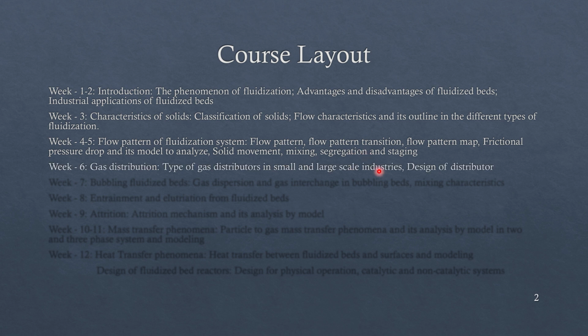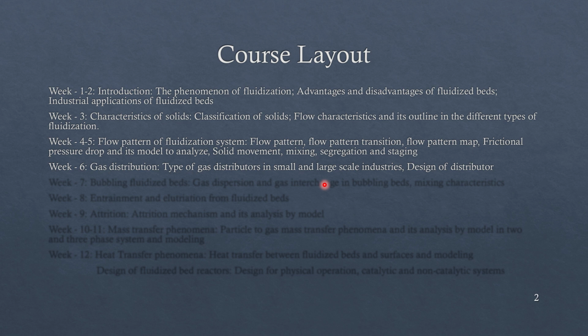And next is the gas distribution system. In week 6 we saw the types of gas distributor in small scale and large scale industries, and the design of the distributor. We studied what the types of gas distribution are and how they affect the pressure drop inside the fluidized bed. Therefore it is important to know what type of distributor to use.